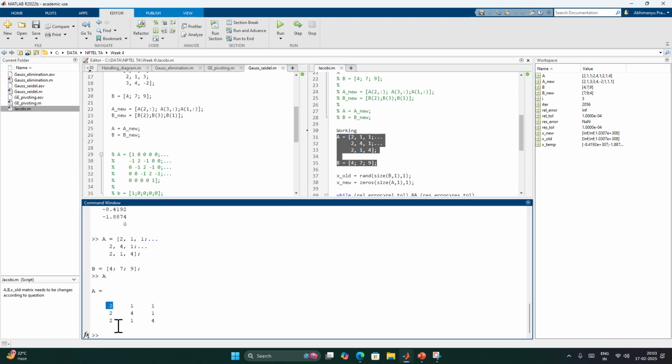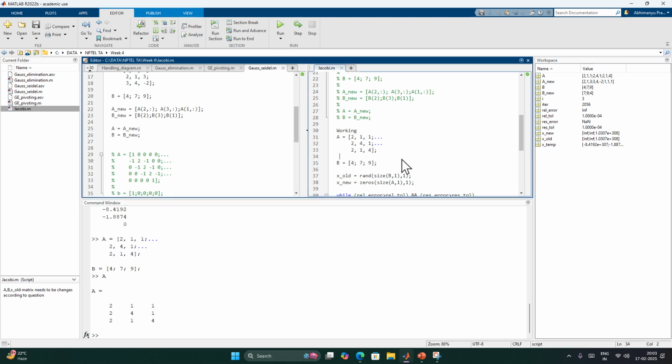This is true, not strictly diagonally dominant, but still it's diagonally dominant. In this, the largest element is 4, greater than the sum of those two, and in the last row also, 4 is greater than the sum of these two. But for the first row, there is equality. There is no strict inequality. So it's not completely diagonally dominant, it's not strictly diagonally dominant.